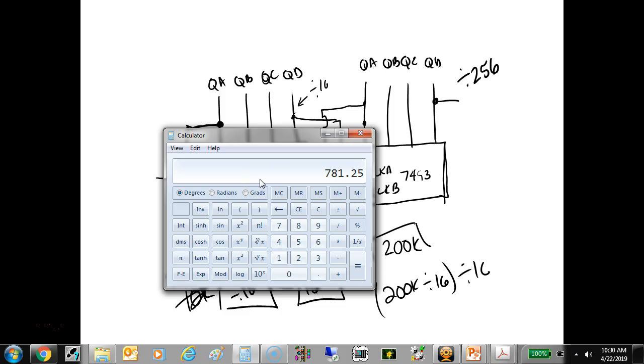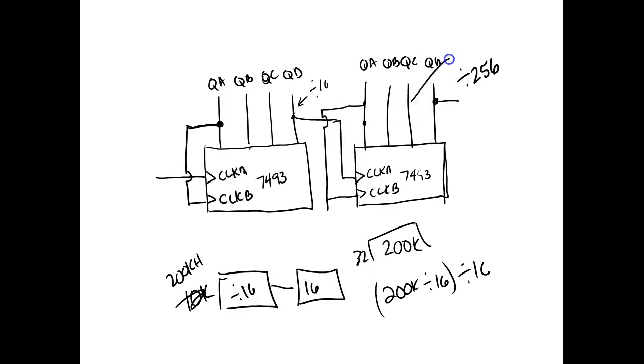So all you have to do, guys, this would count from 0 to 255, right? But if I took the D output here, what would I get right here? What if I took my output right here?